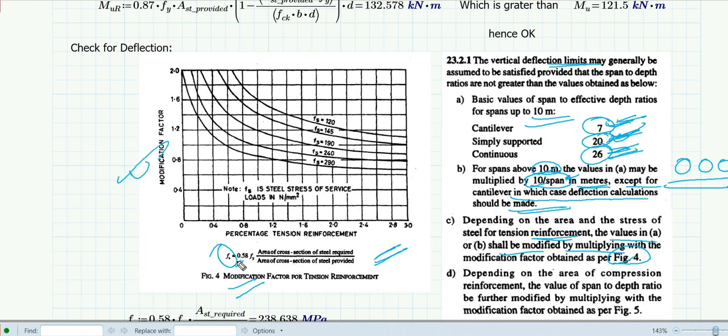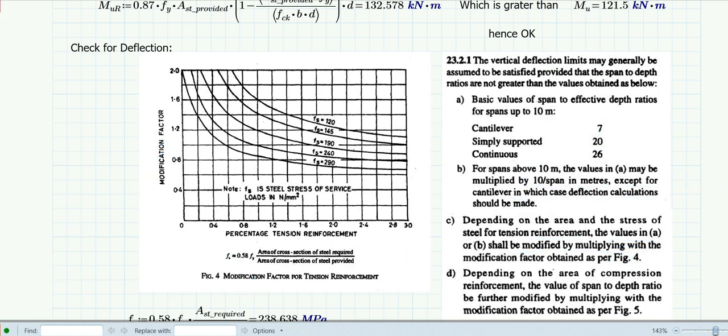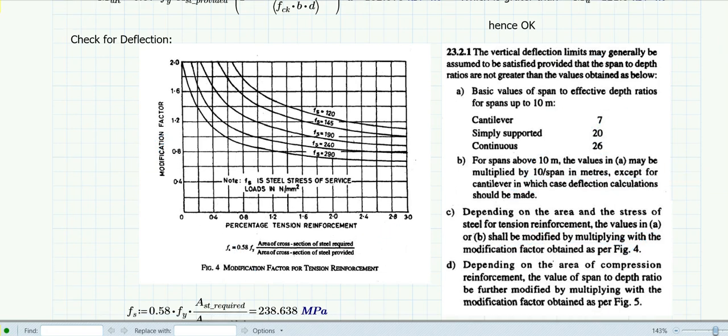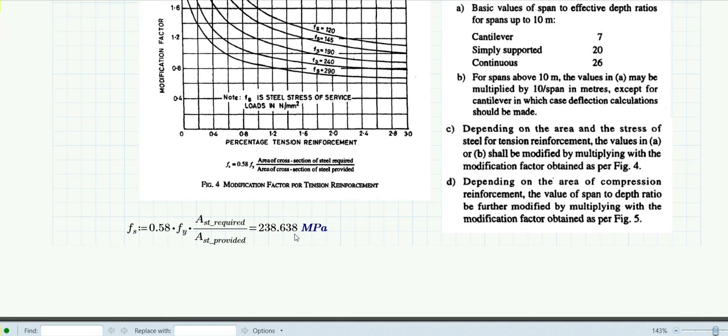Then fs is 0.85 fy times the area of the cross section of the steel required over provided. What is required and what is provided? Required we have calculated, and provided is four 20 mm bars. All the values we have already calculated, so we can find out the AST required, the AST provided, into 0.58 into fy, it is 238.